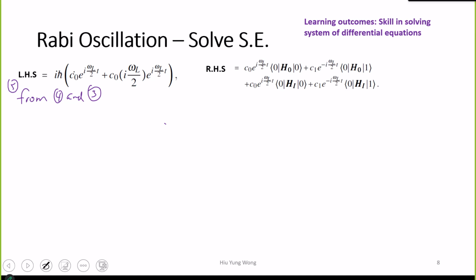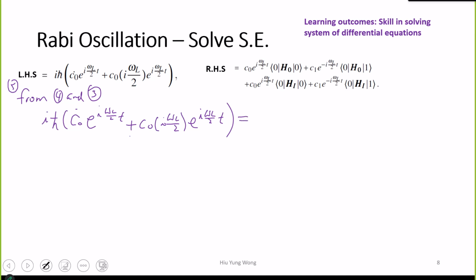Right, I'm going to do the left-hand side. It is going to be what? iħ C0 dot e to the power iω_L divided by 2 t plus C0 iω_L divided by 2 e to the power iω_L divided by 2 t, right? Just copying. This is very complicated, but what I'm trying to do is just copying it faithfully.